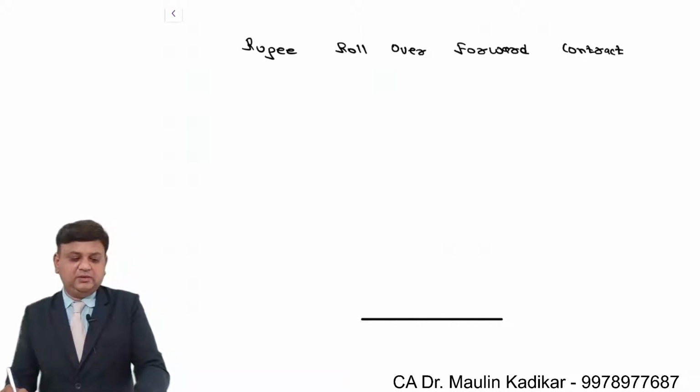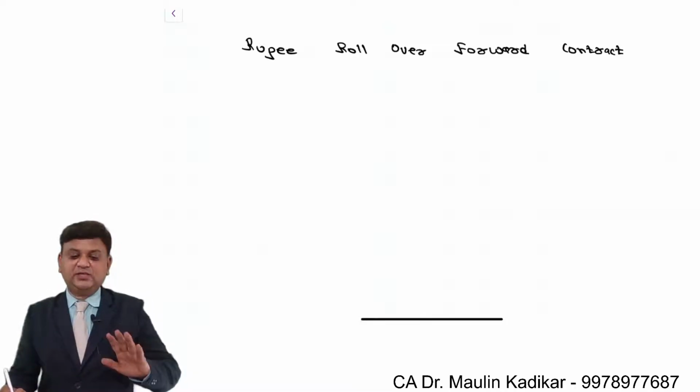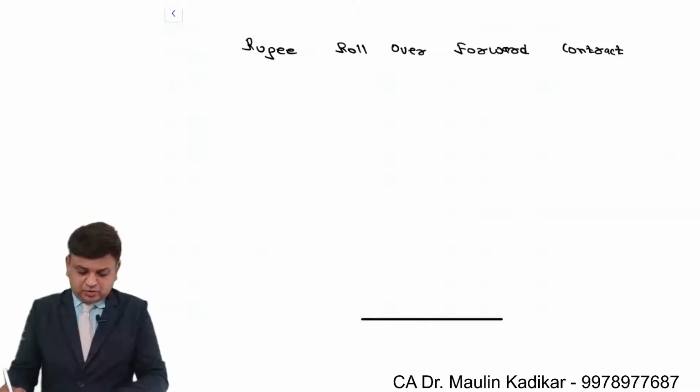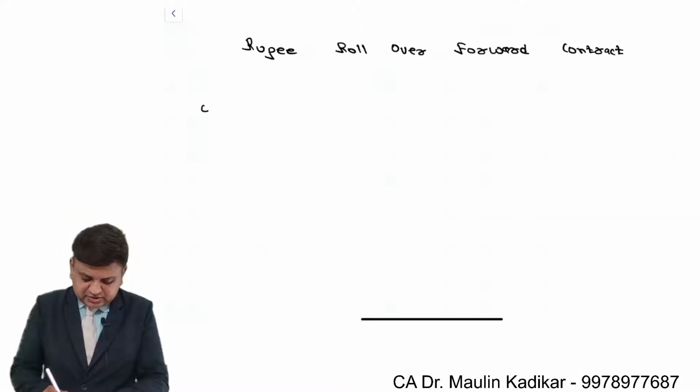Now friends, over here the question is giving the information that a person gets interest-free loan of 3 lakhs. Repayment is to be made in 3 equal half-yearly installments. So today, let us say, is 1st of January 2022.